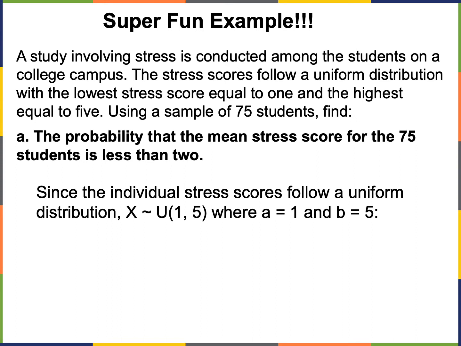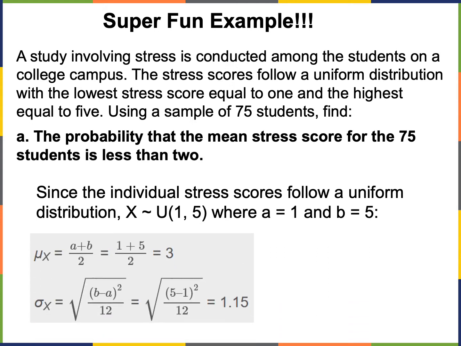And if you recall, the uniform distribution has a particular formula for the mean and its standard deviation, right? For a uniform distribution, the mean is just the average. You take the endpoints and average them, so you add them and divide by 2. 1 plus 5 is 6, 6 divided by 2 is 3.